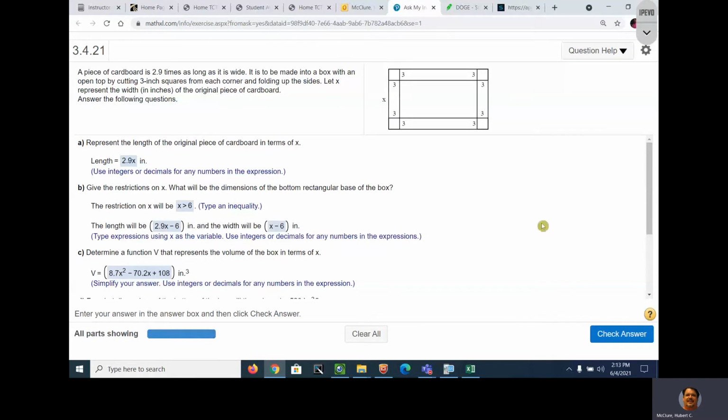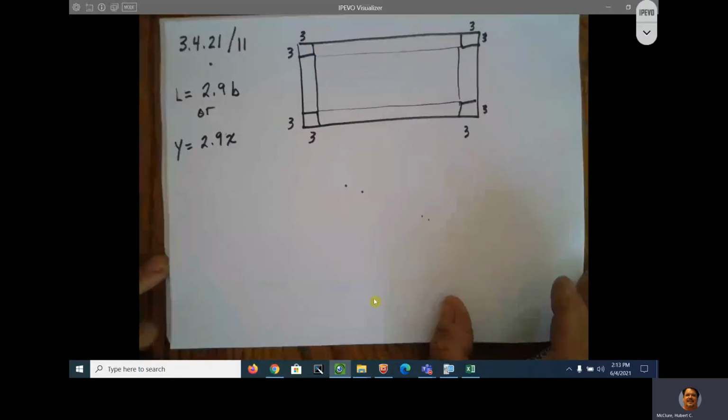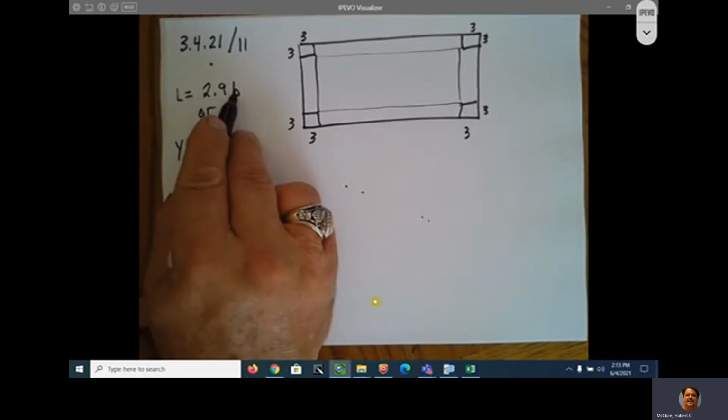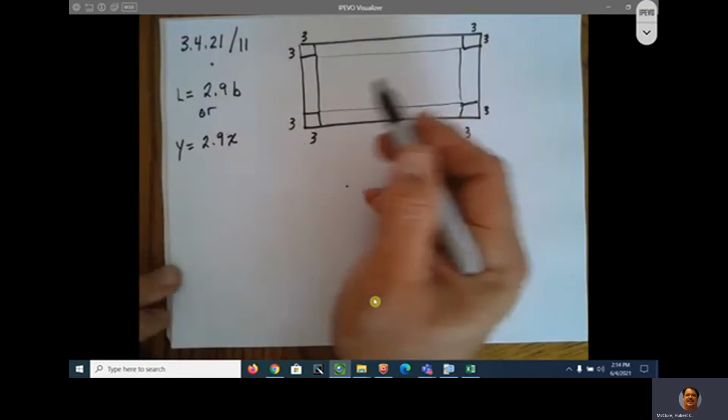Okay, my Teams or my wireless just went through another episode. So I'm just going to switch over here. And there's our drawing. And we know that the length, the question says the length is equal to 2.9 times the base, or the width, or the height, whatever you want to call it.